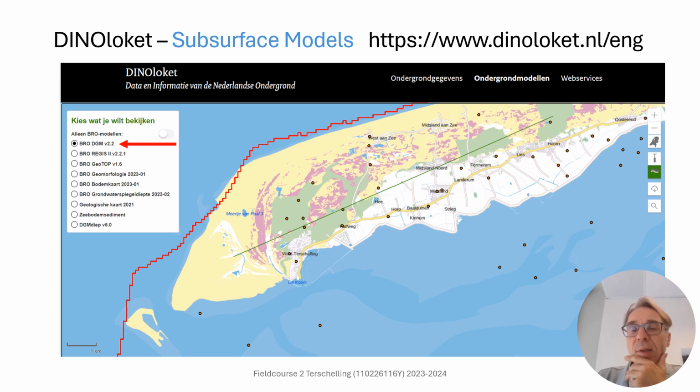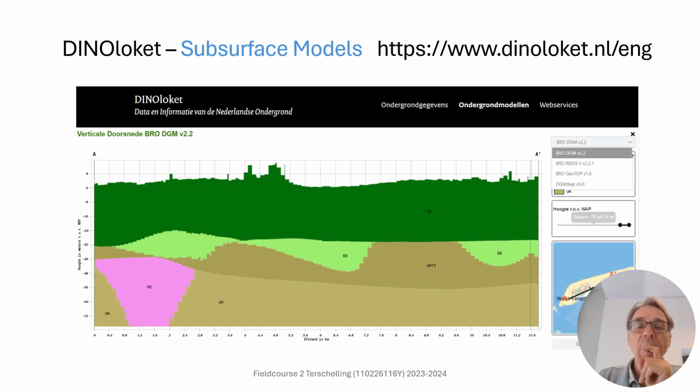Also, still in this deep database, we can actually draw a profile of the area. Here's the profile, and we can see that a large part of the upper part is the Holocene unit, which is basically Terschelling, think about the paleogeographical reconstruction of the island.